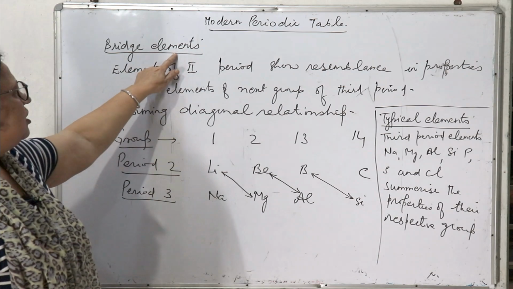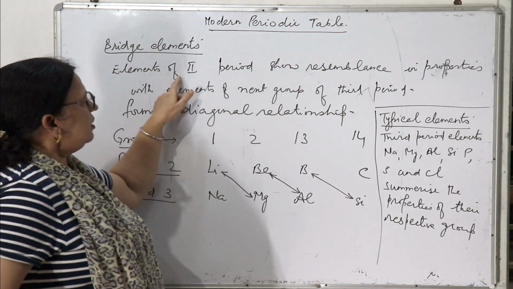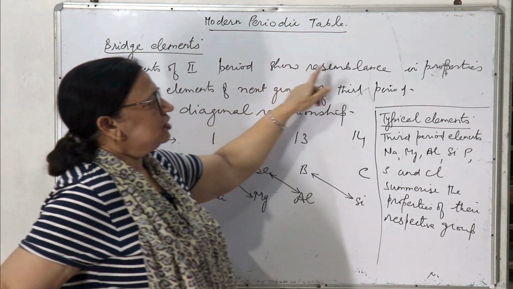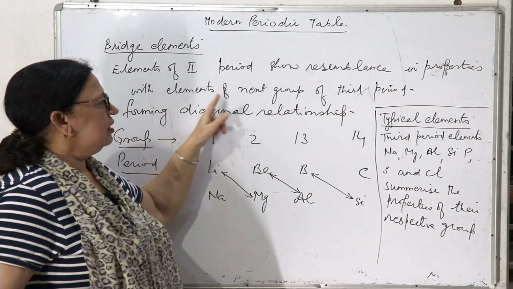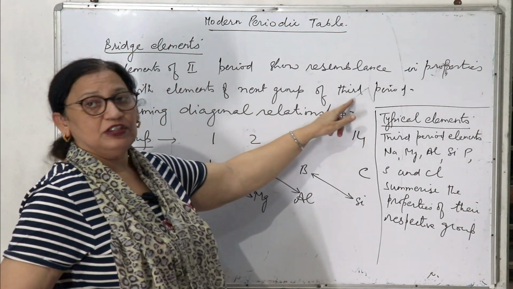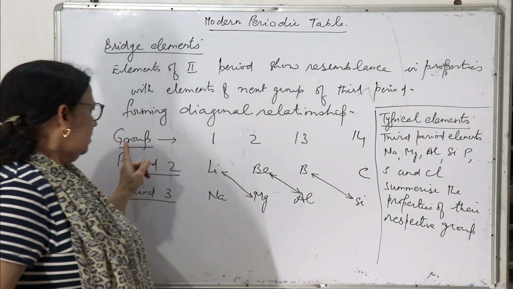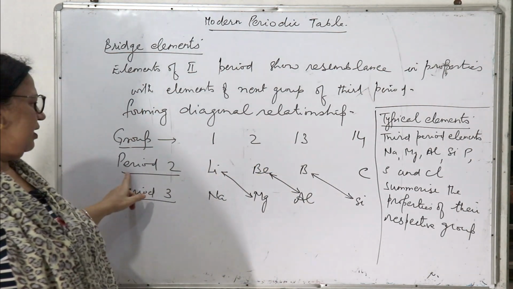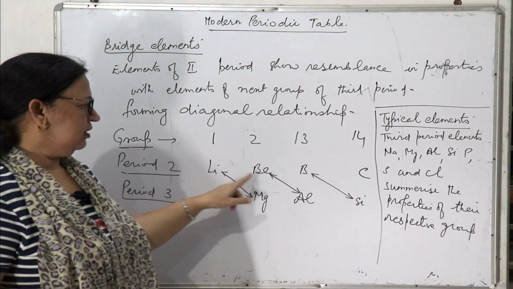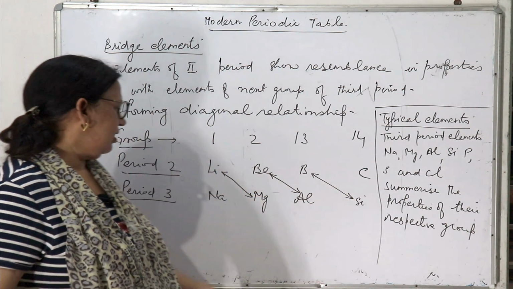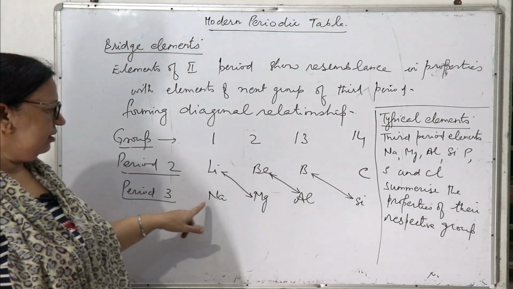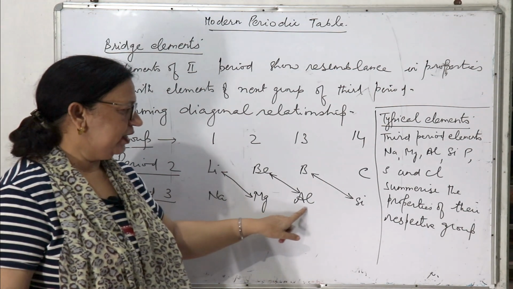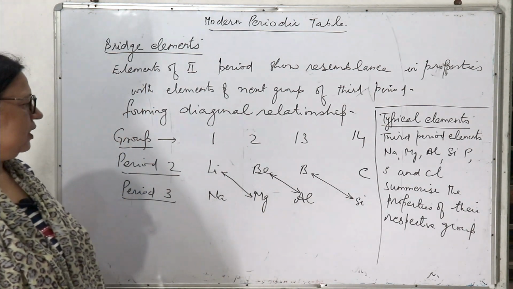Next are bridge elements. Elements of the second period show resemblance in properties with the elements of the next group of the third period. See here, these are groups 1, 2, 13 and 14, and the period 2 elements are lithium, beryllium, boron and carbon, and the period 3 elements are sodium, magnesium, aluminium and silicon.